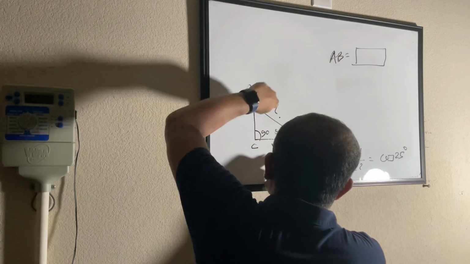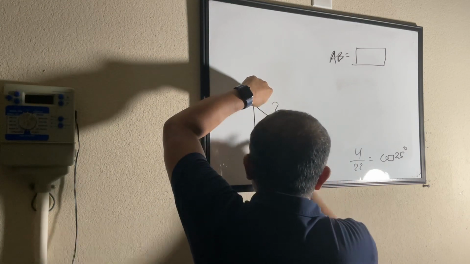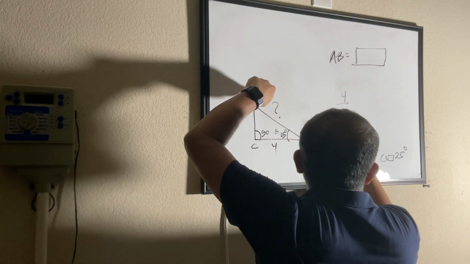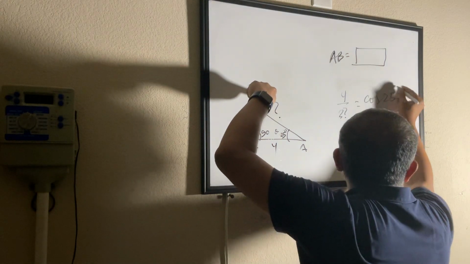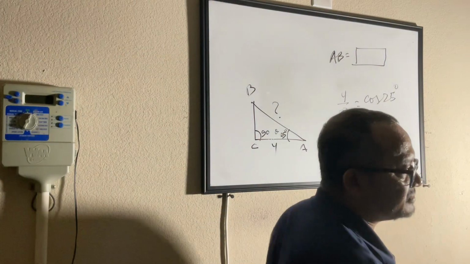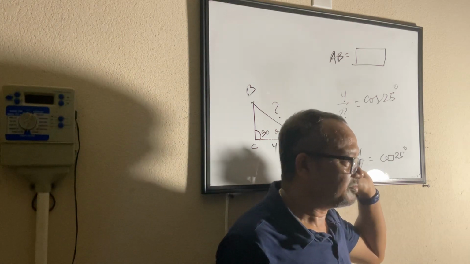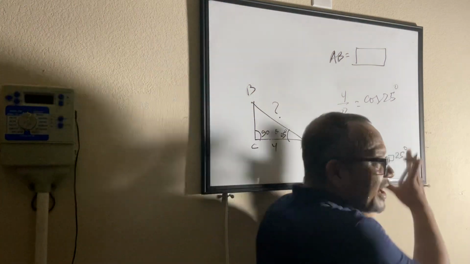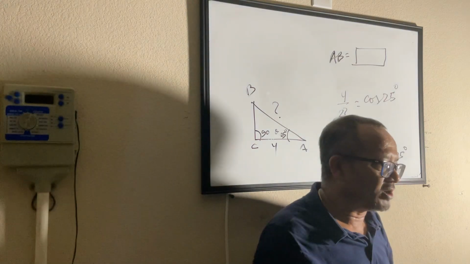If I have this and this, this is my adjacent side and this is my hypotenuse for this triangle. Adjacent side by hypotenuse is nothing but cos of theta, which is 25 degrees here. Is there anything that you would want me to teach for this problem? No? So your biggest support system is going to be how you look at this problem, how you simplify it, and how you relate it with your known concept.